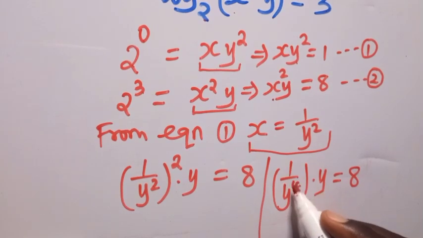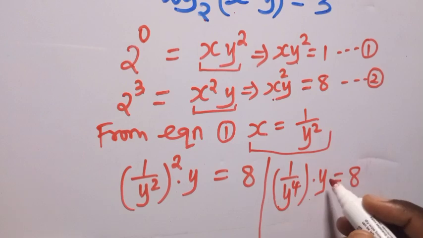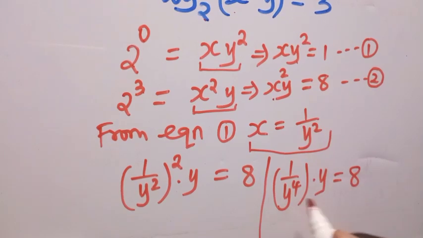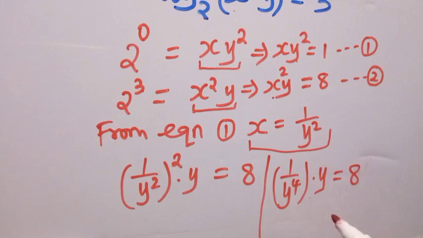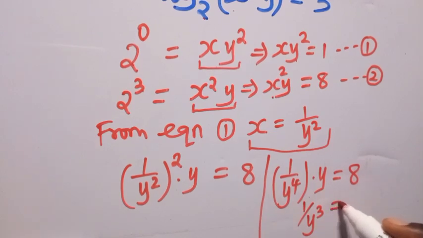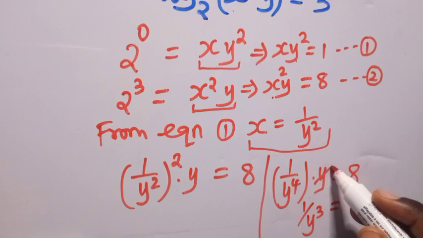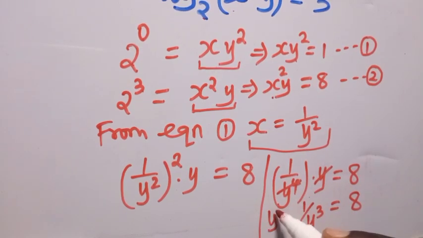Now, 1 over y raised to 4 times y is just the same as 1 over y cubed, equals 8, because we simplify and obtain y to the power of 3.